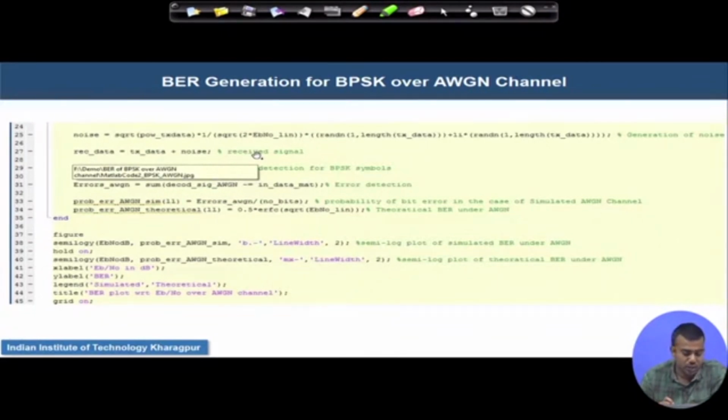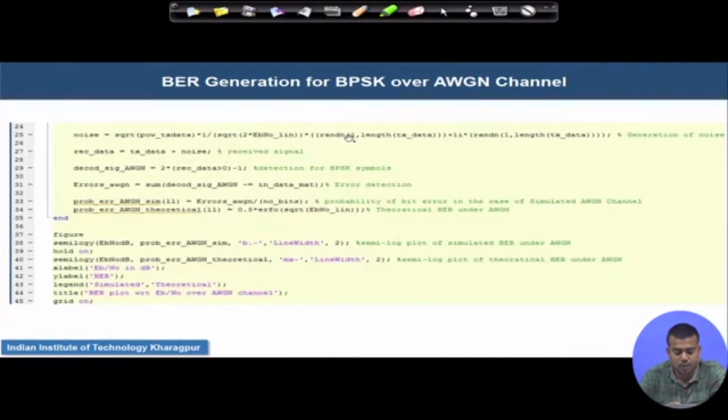Next I am generating noise. The noise inherently present in any channel is generally complex noise. So to generate complex noise, I am considering a random distribution. As I mentioned, the noise present in the channel is Gaussian noise. Gaussian noise is normally distributed noise that can be generated by using a random function.